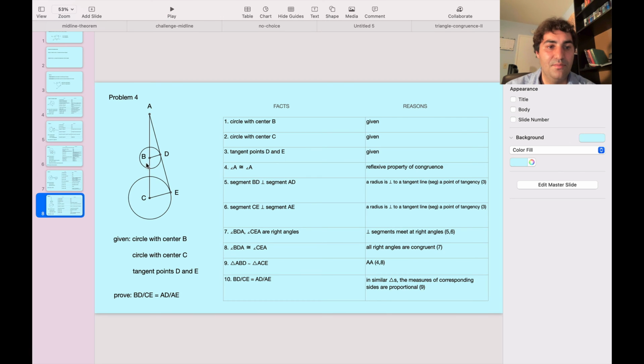Given a circle of center B and a circle of center C, and we're given tangent points D and E, we want to prove that length of BD divided by length of CE is equal to length of AD divided by length of AE. So I write down what I know, and I can say that angle A, this angle here, is congruent to itself by the reflexive property of congruence. We know a radius is perpendicular to a tangent line or segment at the point of tangency.